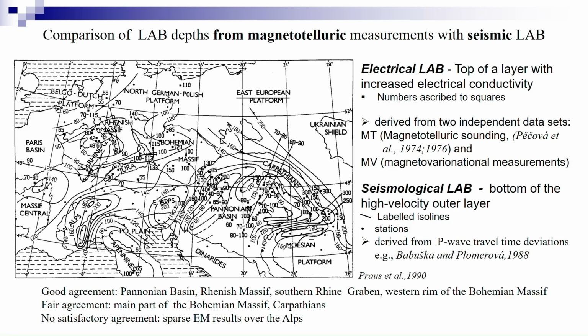We see here the good agreement in the Pannonian Basin, Rhenish Massif, Southern Rhine Graben, and also in the western rim of the Bohemian Massif. Fair agreement is in the main part of the Bohemian Massif and the Carpathians. Sparse electromagnetic results over the Alps at the time did not show satisfactory agreement at all.